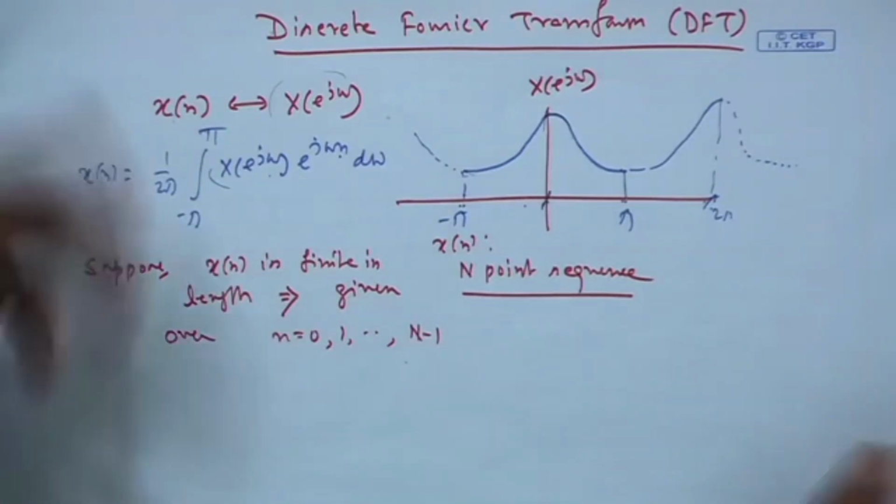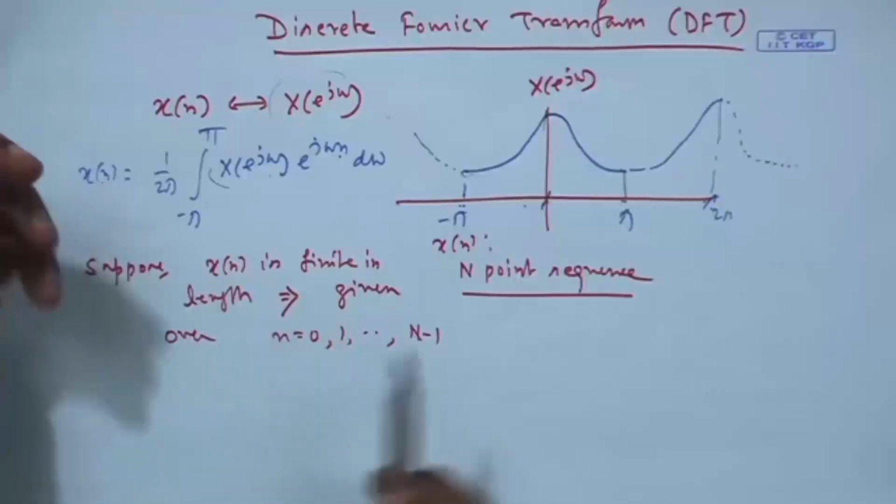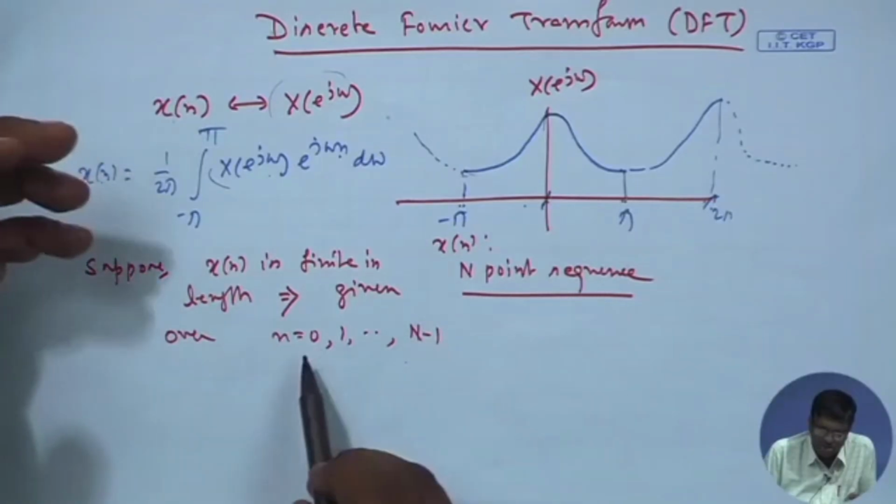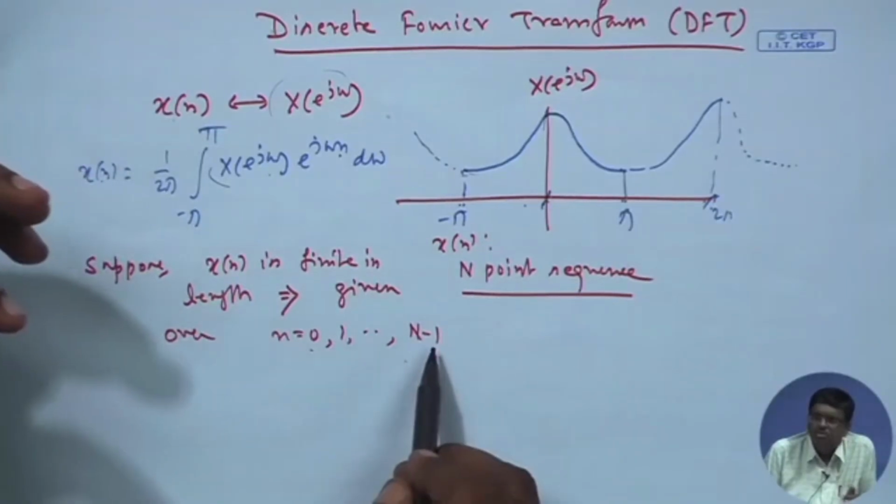We also call it an FIR sequence, because if it is the impulse response of any linear system, impulse response meaning actually unit sample response, then it is finite in length. That is why it is called an FIR sequence, finite impulse response. N-point sequence, FIR sequence, it all means that its length is finite.